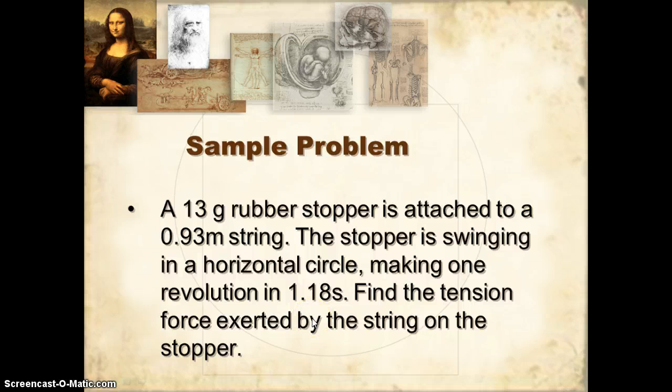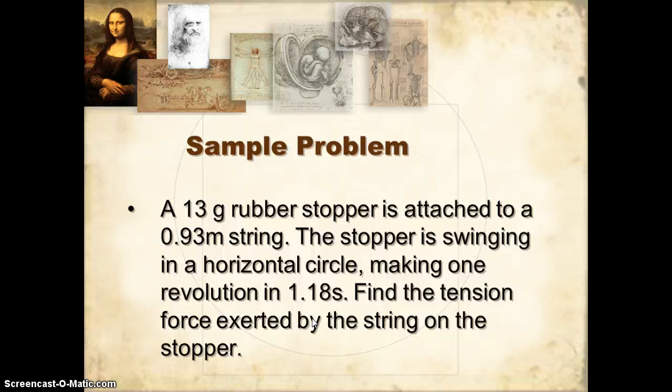The first thing you have to do here is change grams to kilograms, so that should be 0.013 kilograms. Then the next thing we need to do is find the velocity.